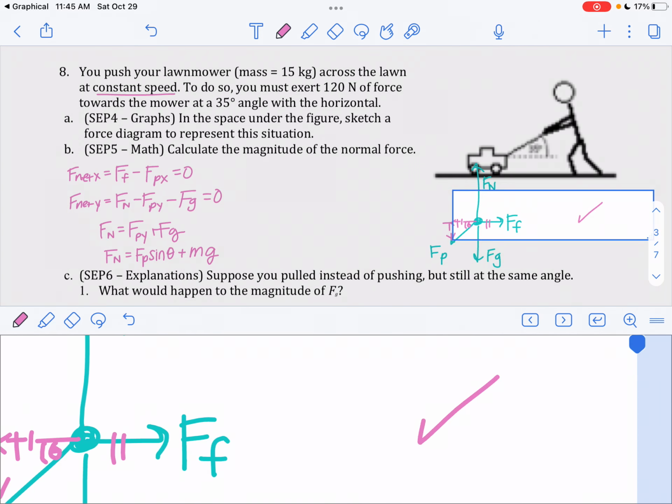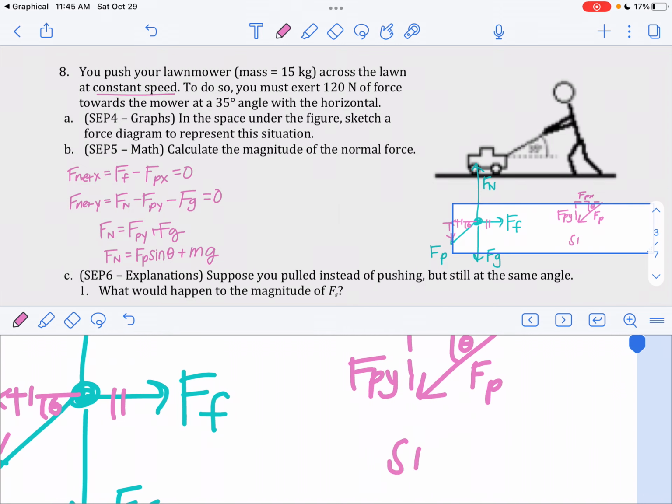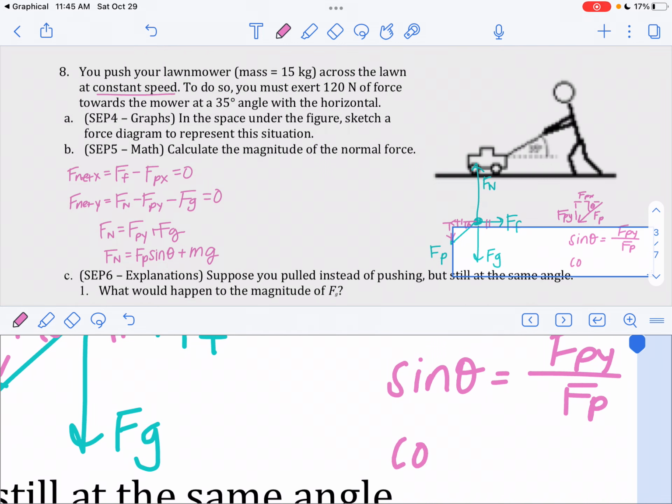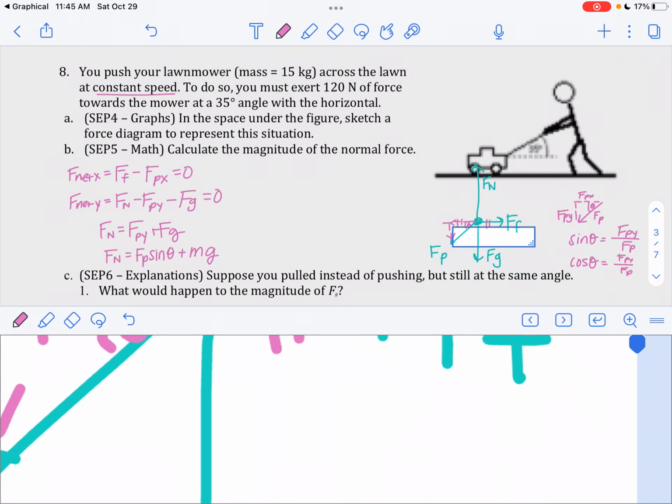And again, if you can't look at this vector triangle and figure out what the components are, that's not a big deal. Just draw yourself a triangle. So this is Fp, this is Fpx, this is FPY. So sine of theta is FPY over FP. Cosine of theta is FPX over FP. And so then I could solve those for FPX and FPY.